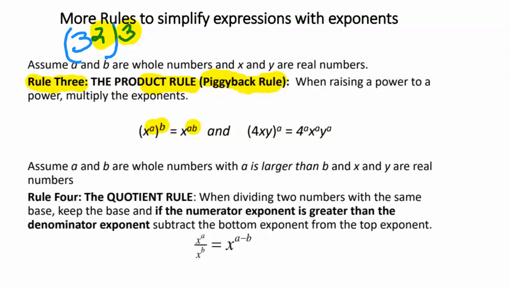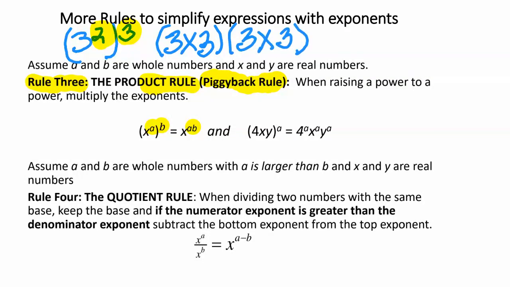Now remember that table we did? That 3 on the outside is saying that I have 3 times 3, 3 times 3, 3 times 3. I have 2 3's in each parentheses.